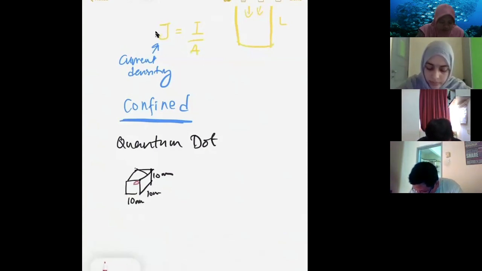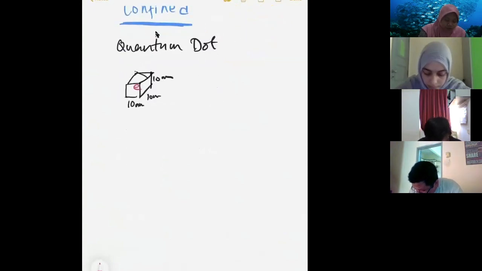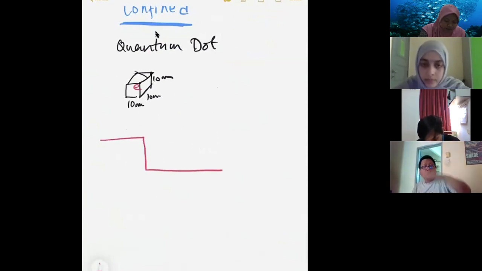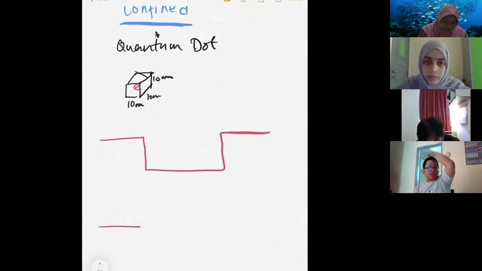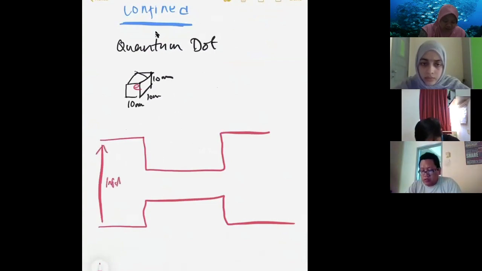It will just stay there. It has no space to move. So if I draw a heterojunction, it can be an LED, it can be a laser. You have a higher bandgap material over here, maybe indium gallium arsenide.